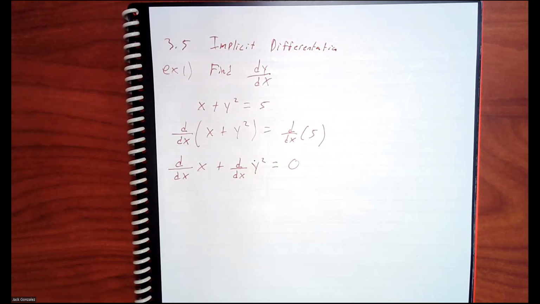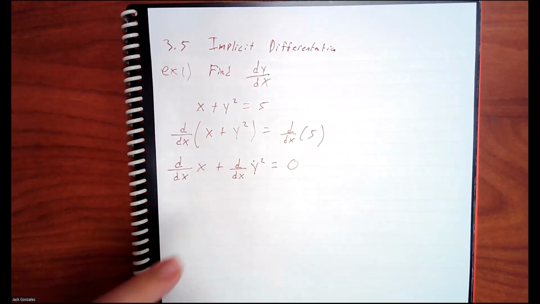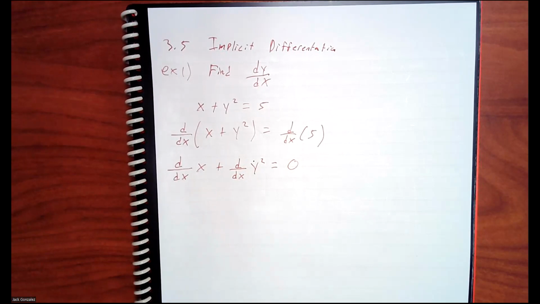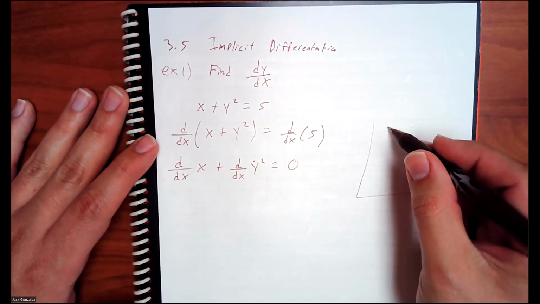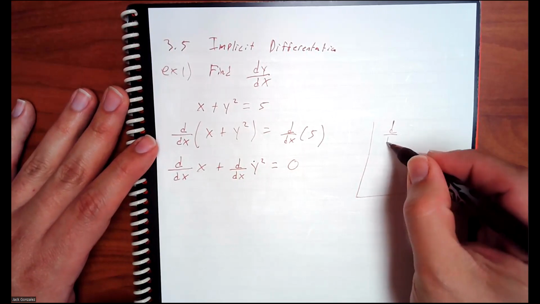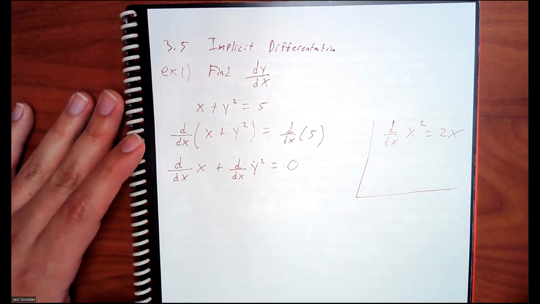So when you're doing it with respect to x and you have an x, you just do it like you always do. For example, if you're taking the derivative of x squared, you would get 2x.